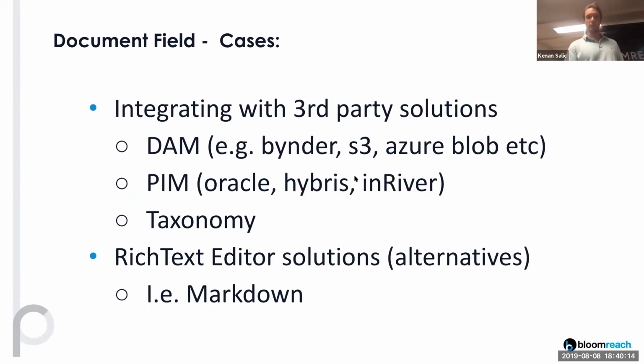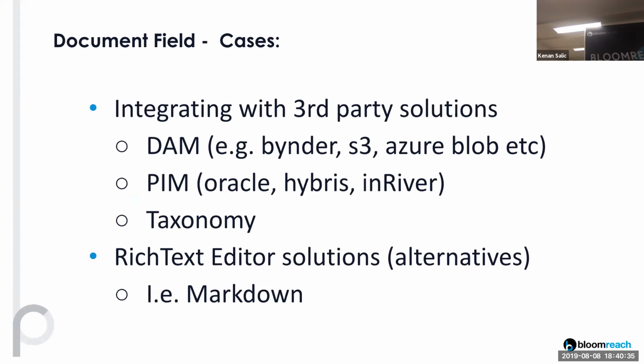All right, next one. So when we look at the extension point for the document field, there are several cases which we thought we could work with. One of them would be an integration with a digital asset management system such as Binder. Maybe you want to create a picker for S3 resources.